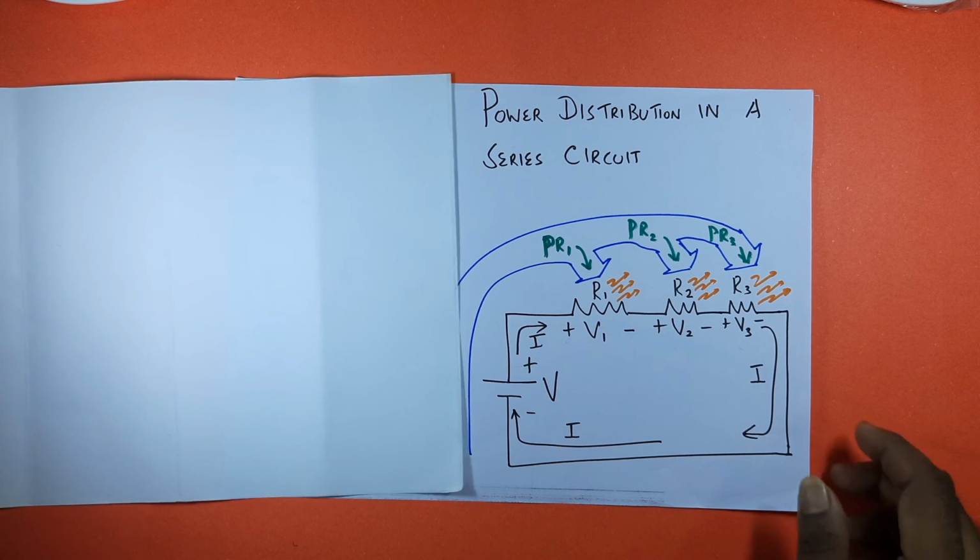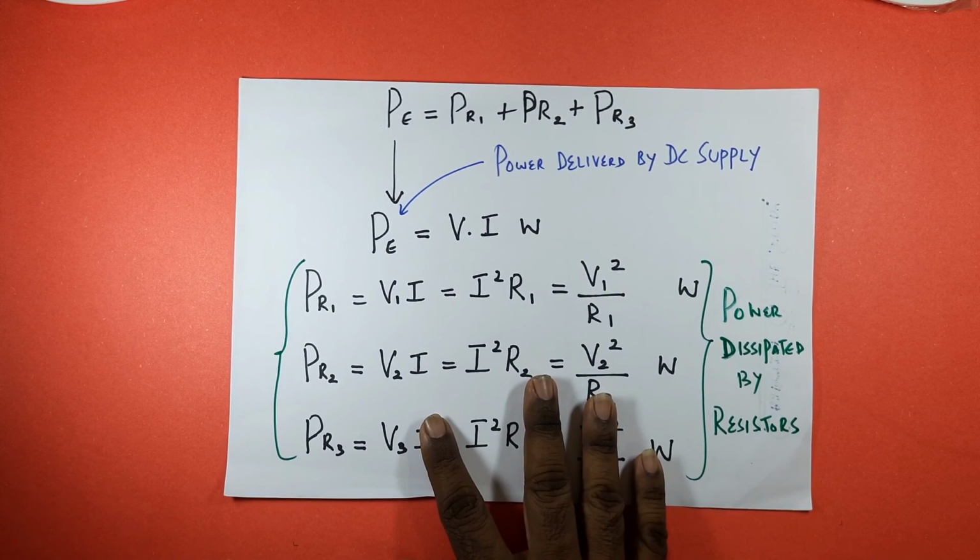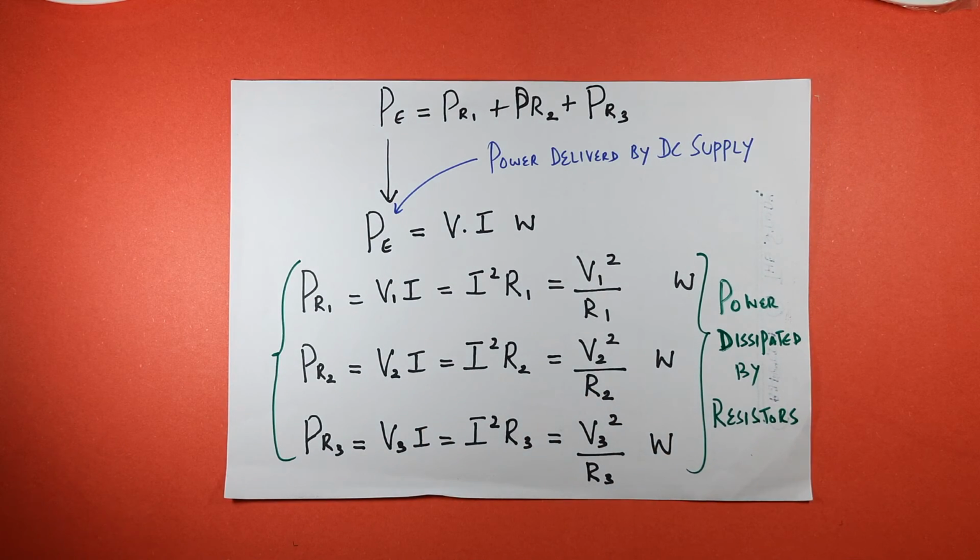Now we can write mathematically the total power. PE is the sum of the power dissipated in the resistors, so PE equals PR1 plus PR2 plus PR3.